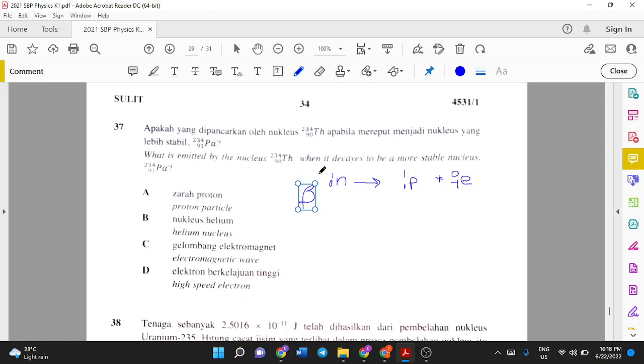So if your thorium is undergoing beta decay, the equation will be: Th becomes Pa, 234, 91, plus an electron.